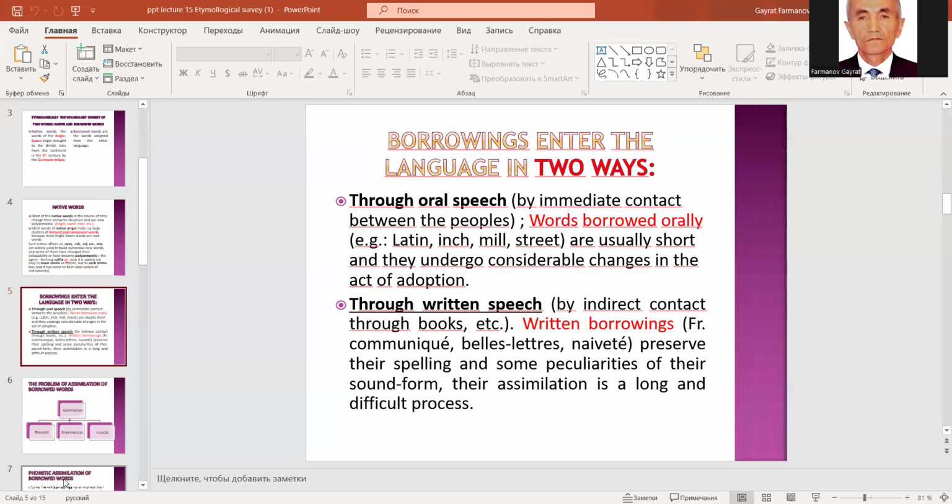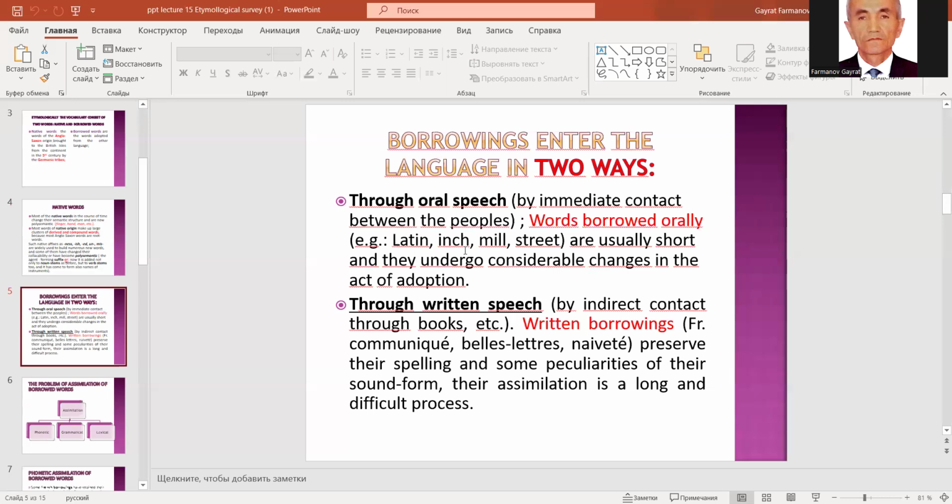Borrowings enter the language in two ways. First, through oral speech, by immediate contact between the peoples. Words borrowed orally, for example Latin inch, mil, thread, are usually short and they undergo considerable changes in the act of adaptation.